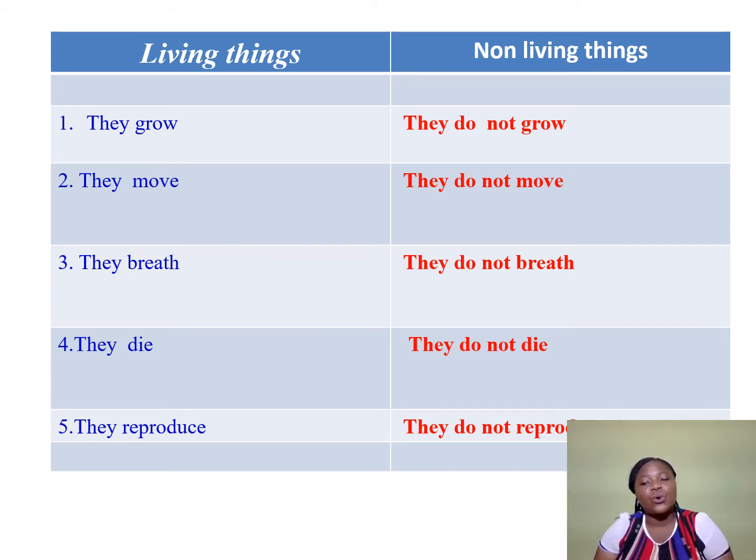Living things grow and non-living things do not grow, as I'm showing the pointer on them. 2. Living things move. 3. Living things breathe. 4. Living things die. 5. Living things reproduce. So, non-living things do not grow, they do not move, they do not breathe, they do not die, and they do not reproduce.